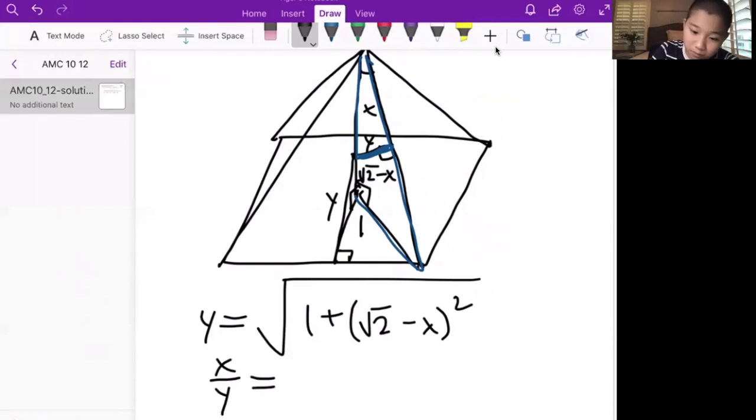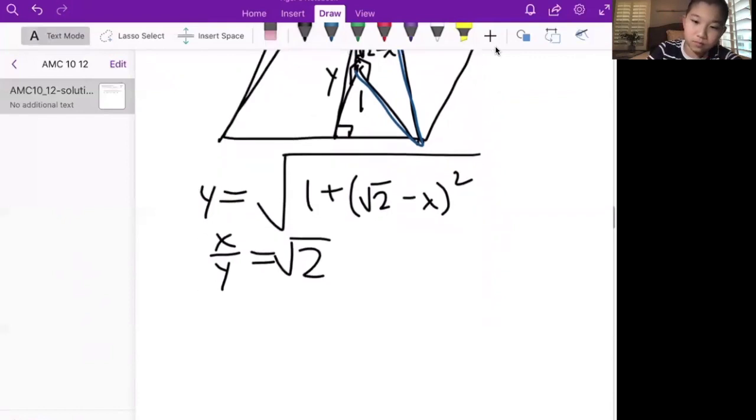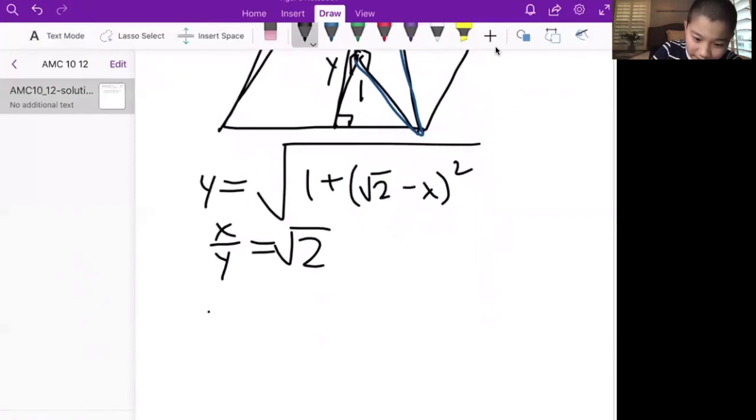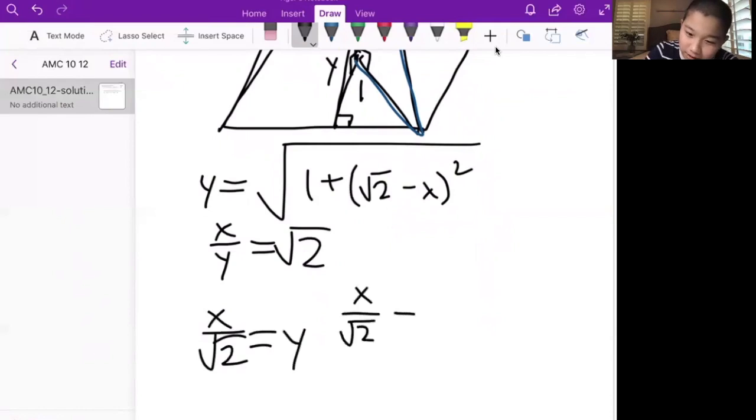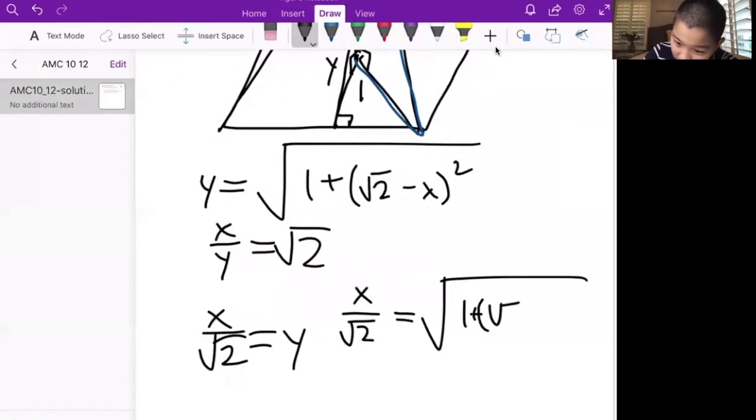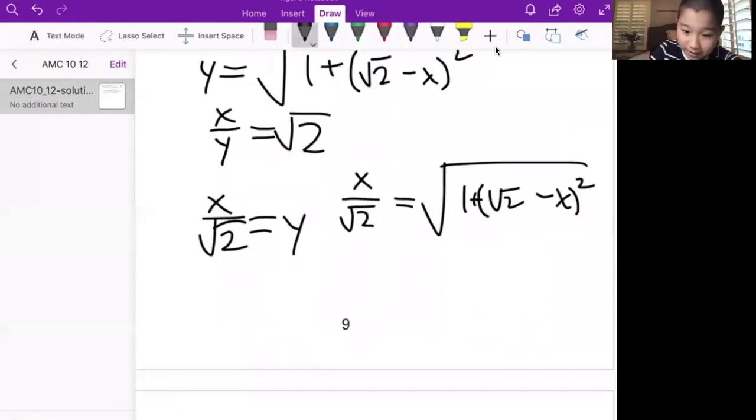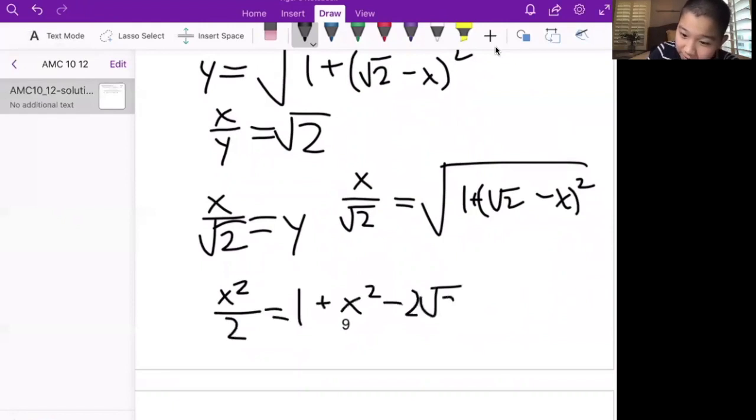So that is root 2. So let's write this as x over root 2 equals y. So then we get x over root 2 is equal to this thing, and then we just square both sides to get x squared over 2 equals this. The important point is it's a quadratic equation and you can solve it.